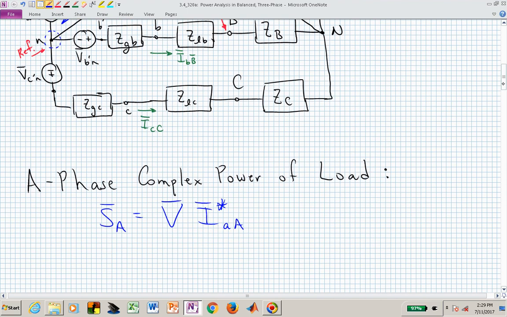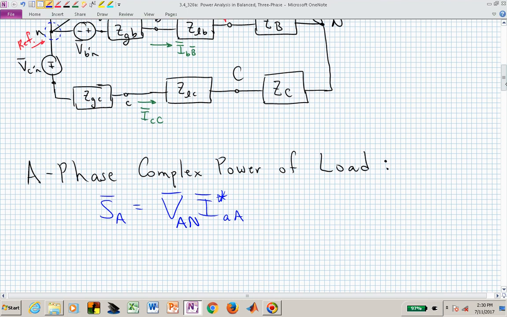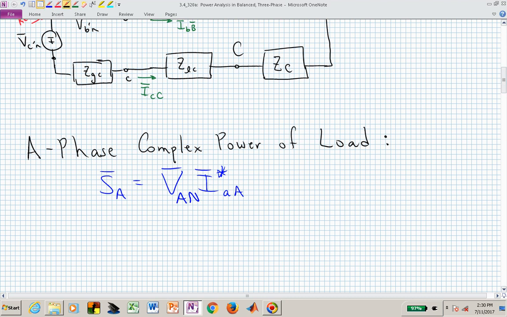So in this equation, to find the complex power of the A phase of our load, we need to find the phase voltage, which we just found. So here is our phase voltage. Again, this is for a Y-connected load. That's V sub AN. And we need to multiply that by the complex conjugate of our phase current. And these are both A phase current and A phase voltage.